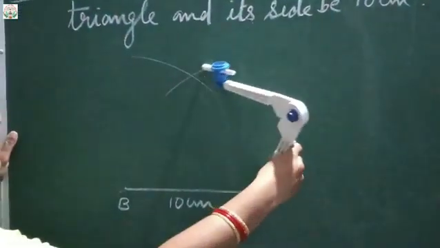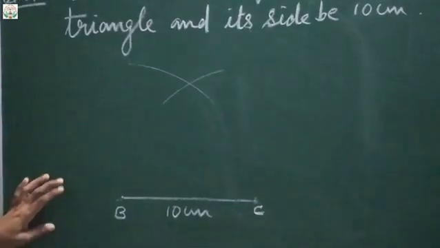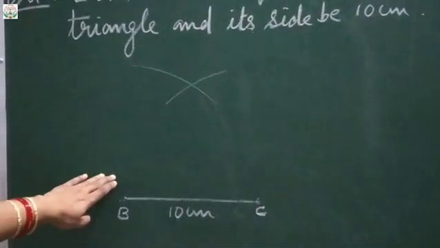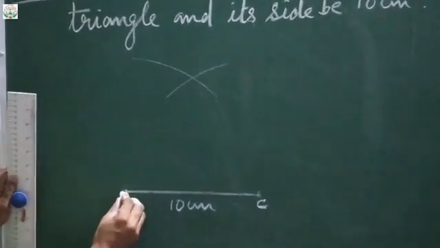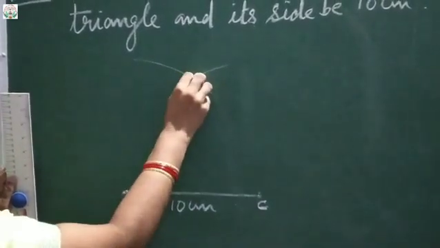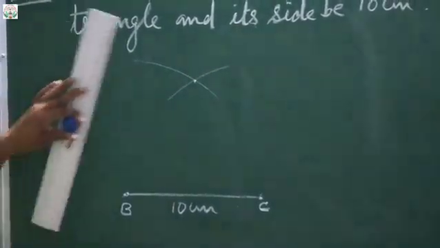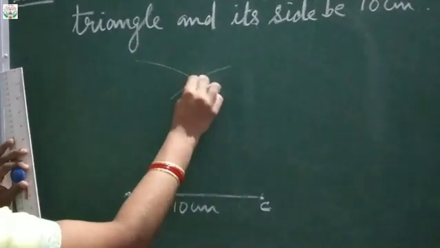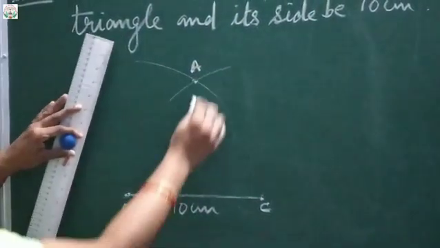So I will draw arcs of the same 10 centimeters, keeping the compass at B and at C. Now let this intersection point be A. So now join AB and AC.